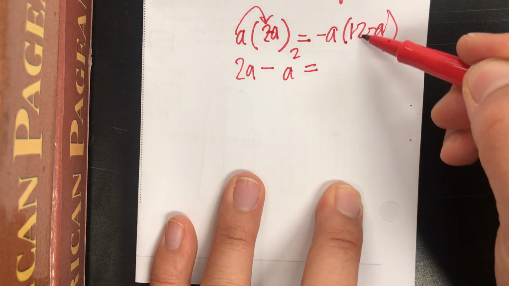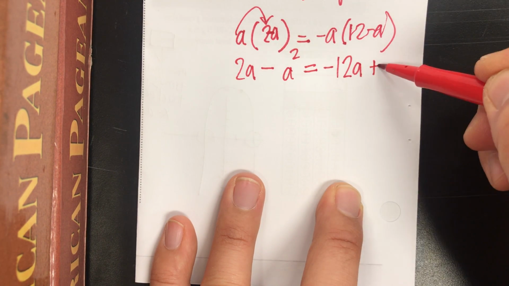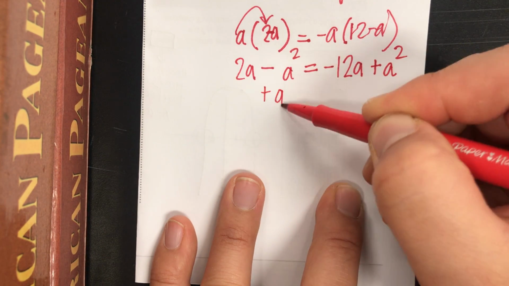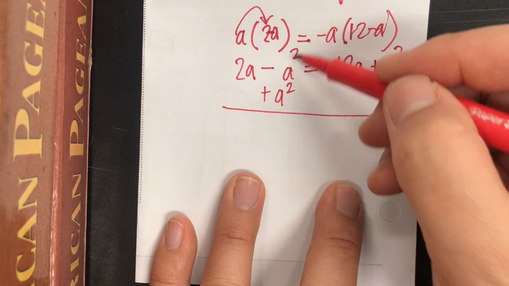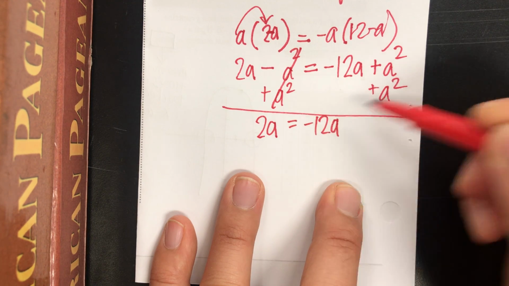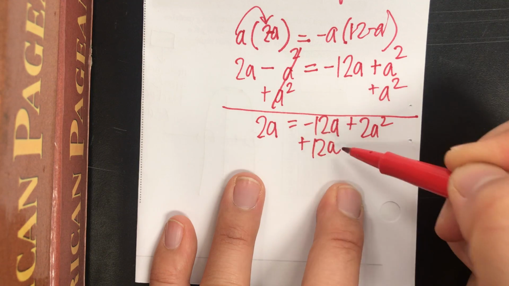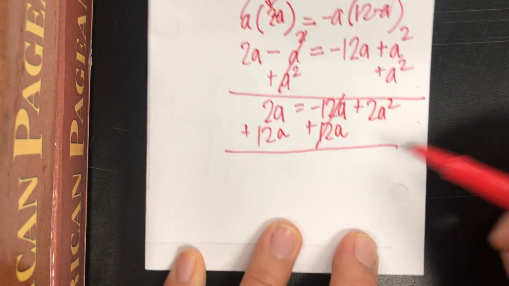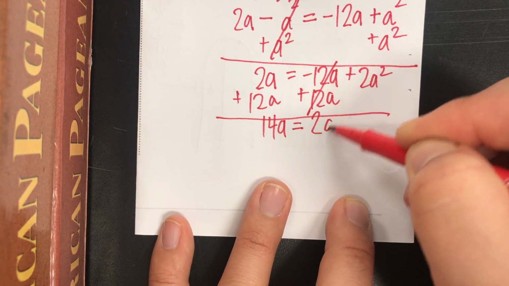Okay, and then this is going to be negative 12a, and this is going to be positive a squared. That'll cross out. I'm going to get 2a here equals negative 12a plus 2a squared. I'm going to add 12a to both sides to cancel it there, plus 12a here. And that's now going to leave me with 14a equals 2a squared.